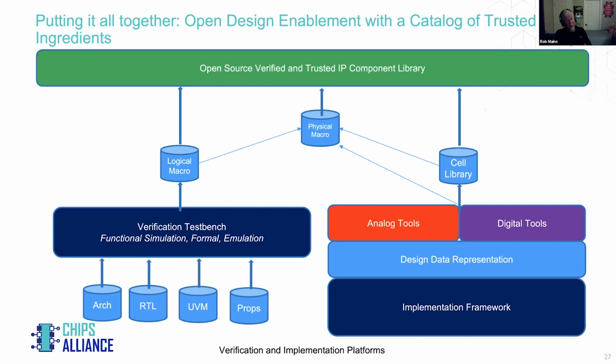And then correspondingly, for the physical implementation, the necessary analog tools and digital tools to make that happen as well. So that's what we're trying to do, is we're trying to build this entire ecosystem for participants in the industry to effectively use to build their design.